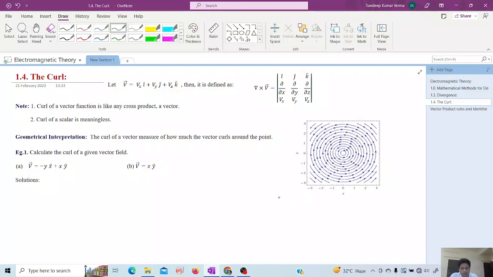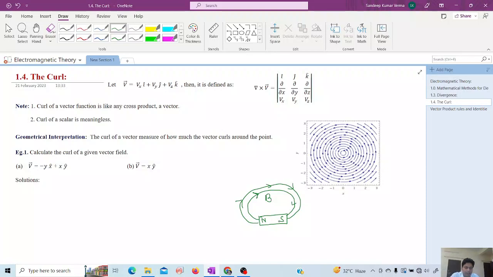So if we see the magnetic field of any magnet, north and south, the magnetic lines come out from the north and go to the south pole, so it curls.